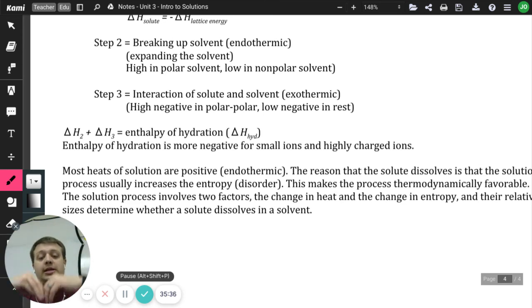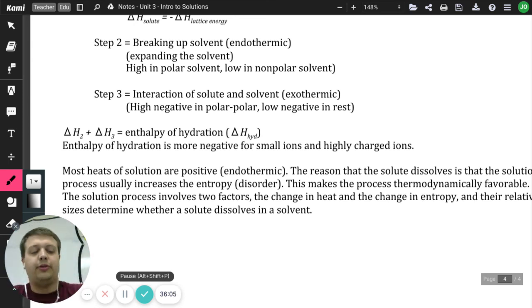And so we're releasing that excess energy, which is going to end up being a very high negative number in the polar to polar bonds and a low negative number in everything else. So if I'm talking about a polar to polar bond that's forming, it's going to be very high, whereas if I'm talking about anything else, that negative number is going to be very low. Why is it negative? It's negative because that energy is being released.